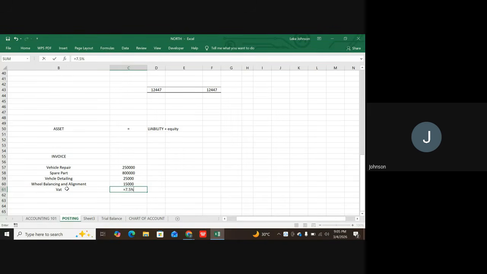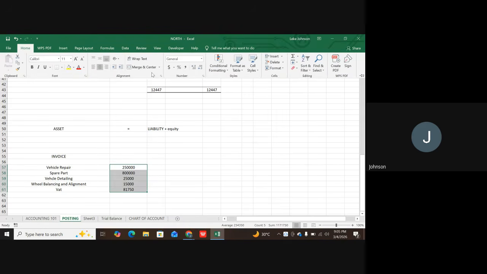Then we say times the sum, open bracket, we add all these things together, then close it. So this is our VAT. Let me make all these figures look like Naira.